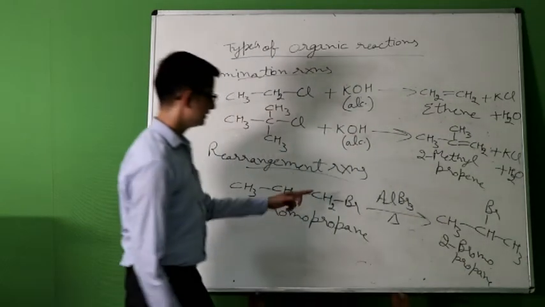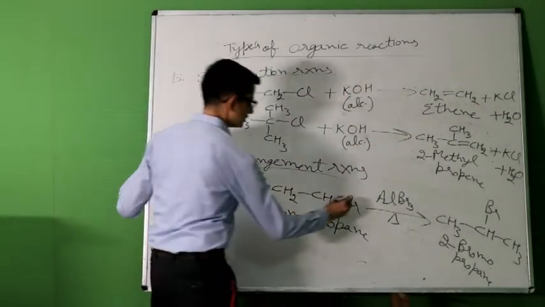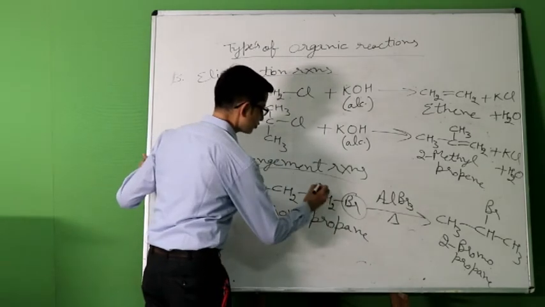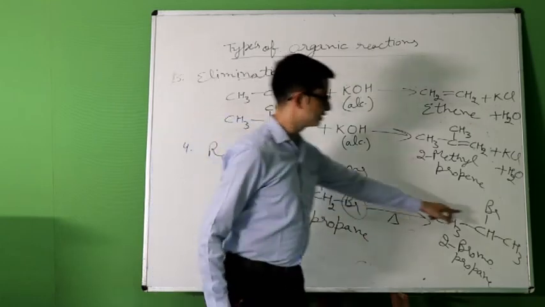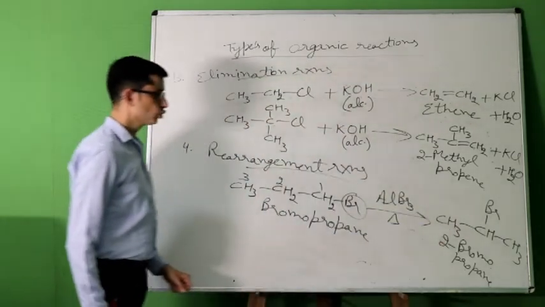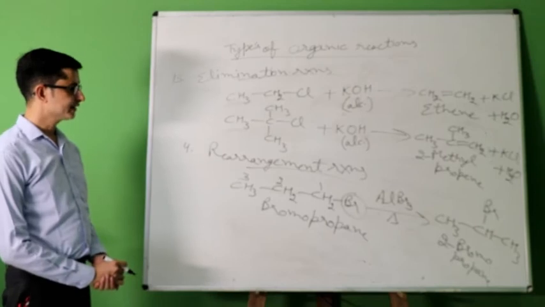So here in this reaction, the bromine group migrates from one position and attaches to the second position. So we get 2-bromopropane. So these are rearrangement reactions.